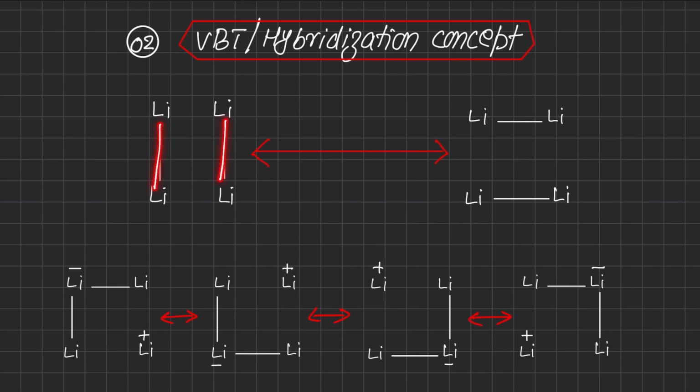In place of downward bonding, the bonding can go sidewise. So here we can see that sidewise bonding has taken place. So it means the actual structure is the resonance contributing structure of these two forms. This is one concept of hybridization theory.